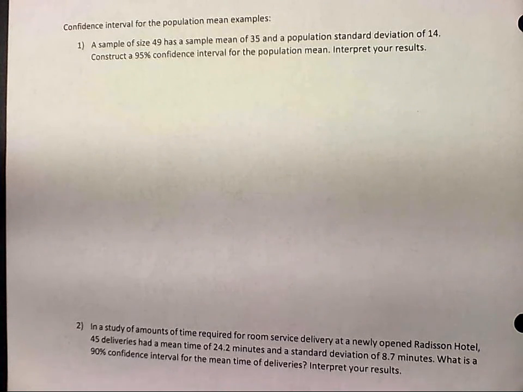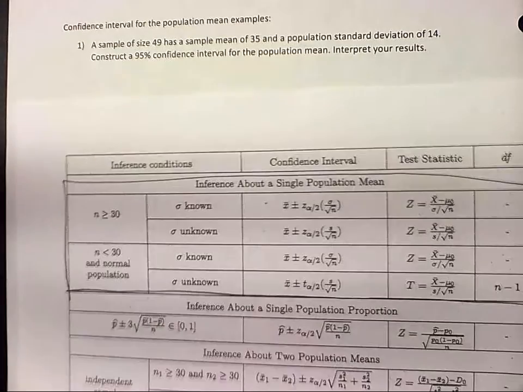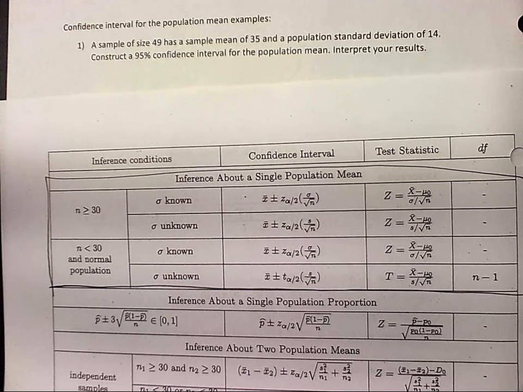Because you guys have access to this formula sheet, we'll use this formula sheet. But like I said before, this formula sheet is really similar to what's already in our notes. In this problem, do we have a sample size that's greater than or equal to 30? It's greater than, right? What's our sample size? 49. So we know that we're going to be up here.